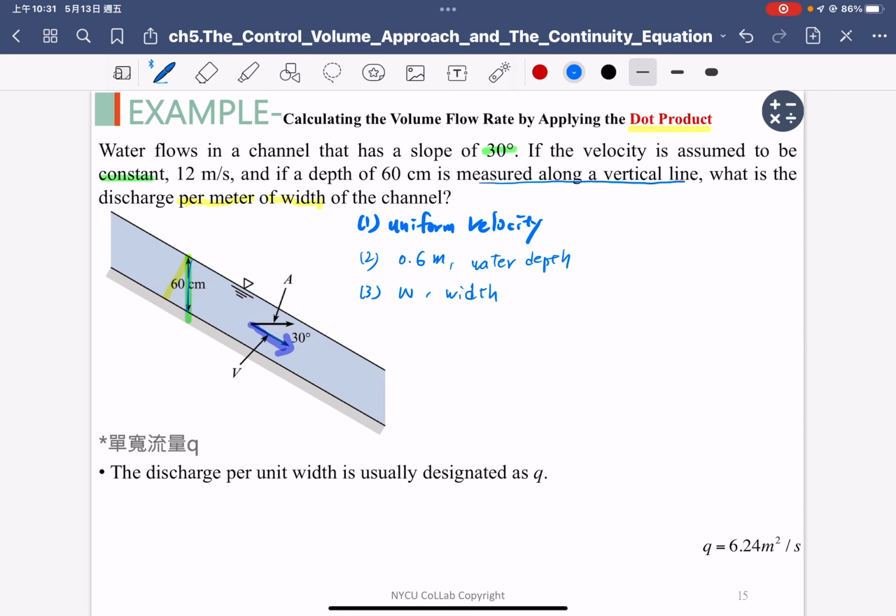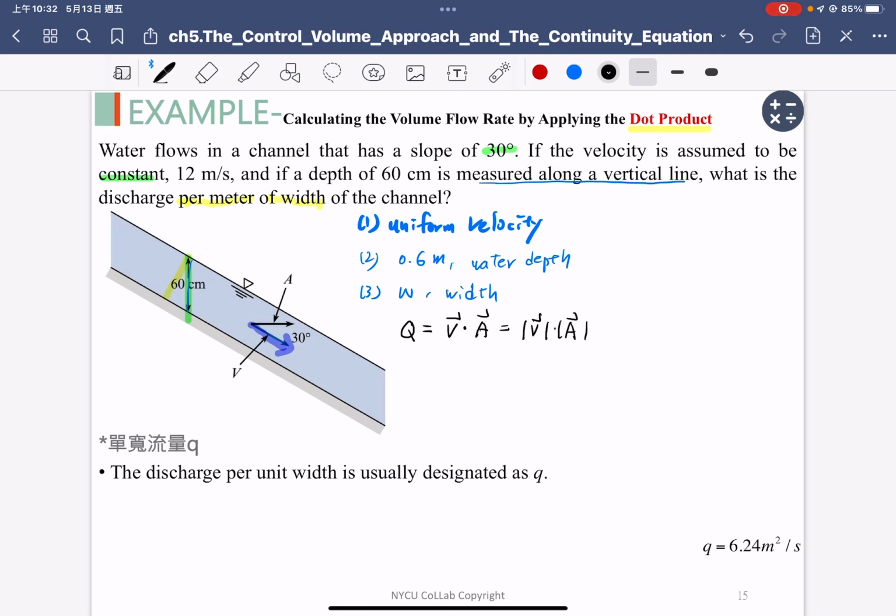So go back to our question. We know that Q should be equal to the velocity vector dot the total cross-section area vector. And that will equal the magnitude of the velocity vector multiplied by the magnitude of the total cross-section area vector.